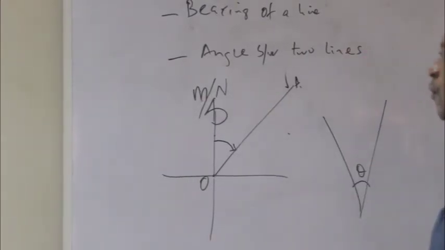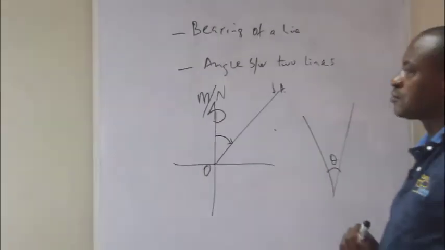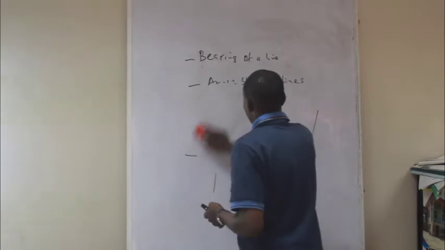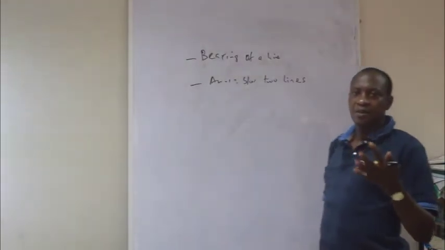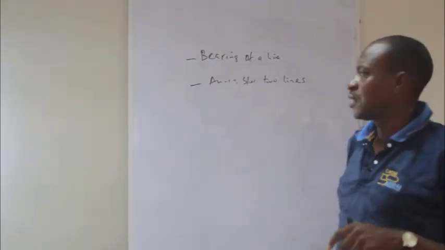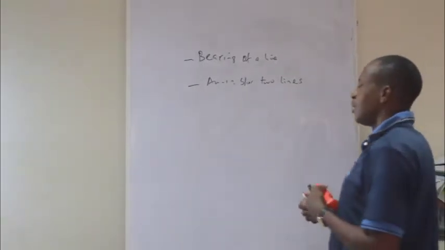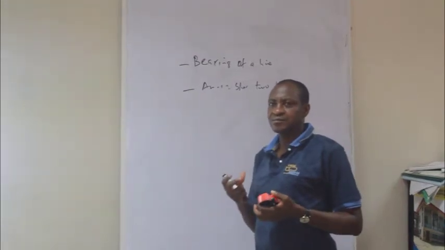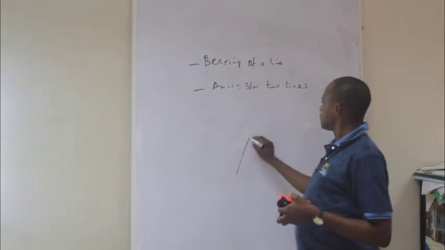Then we have also the meridian. But before I explain that, the principle of the compass upon which it is based: whenever you hold your compass, it contains magnetized steel. That magnetized steel is pivoted at the middle.